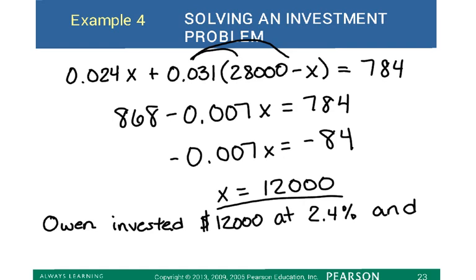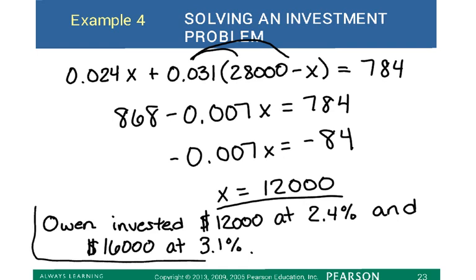So we get 16,000. And that is at the 3.1%. And there we have it. There's our solutions.